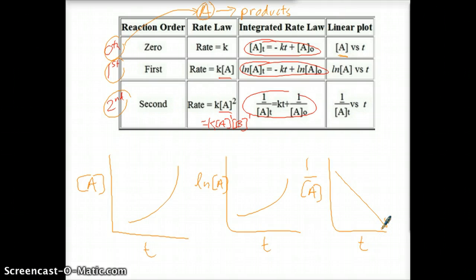That would tell you for sure that this reaction must be second order. And we'll get a lot of practice in class with looking at these graphs and figuring out how to determine the order. Then we'll actually do this as a lab, and we'll have a solid understanding of the rate law in practice.